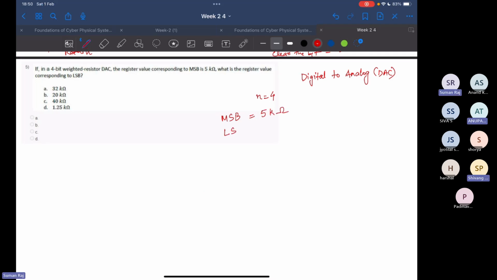Most significant bit. Correct. So MSB is your most significant bit, and the resistor value that corresponds to your MSB is 5 kilo ohm. Then what would be the resistance value for the LSB? Yes, resistance.